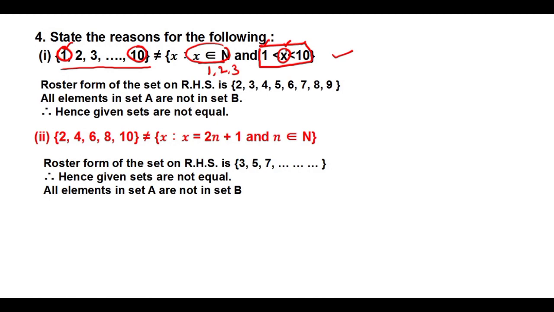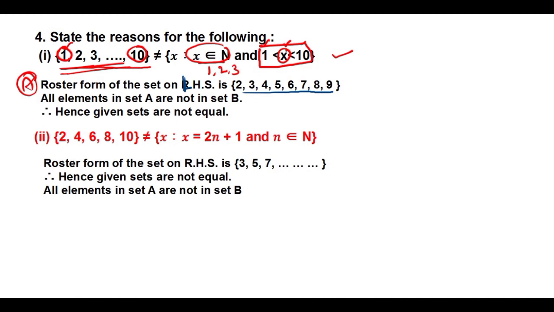Okay, so in roster form, you can see this is the answer to this question. So the roster form of the set, the RHS. Actually it is the LHS, not the RHS, just a small correction.